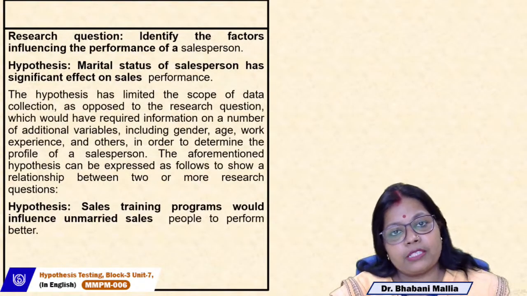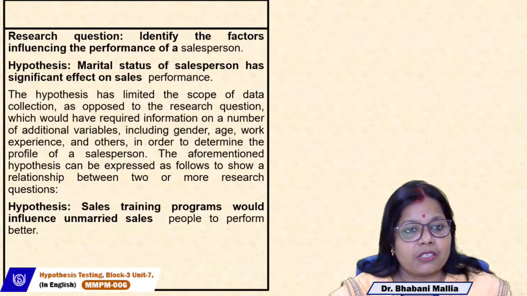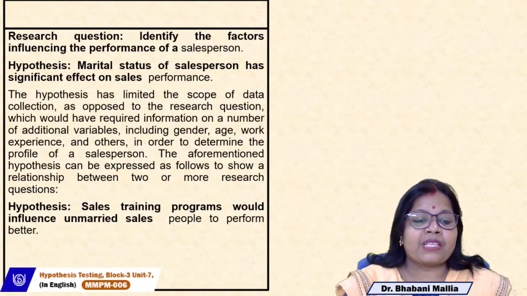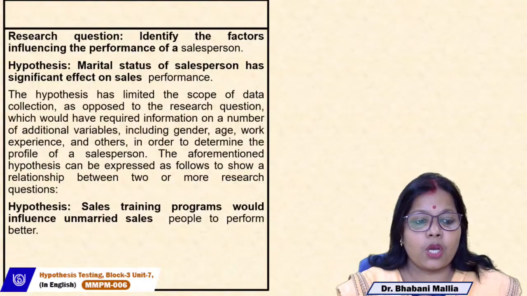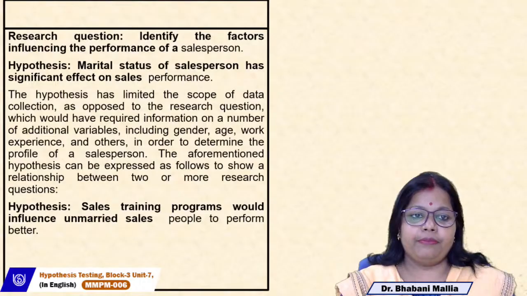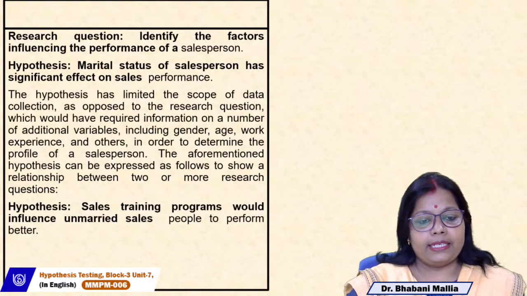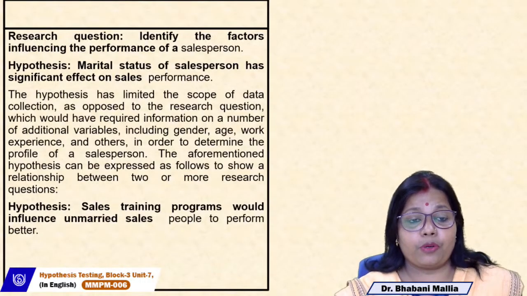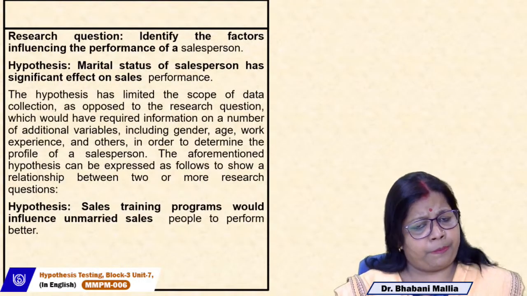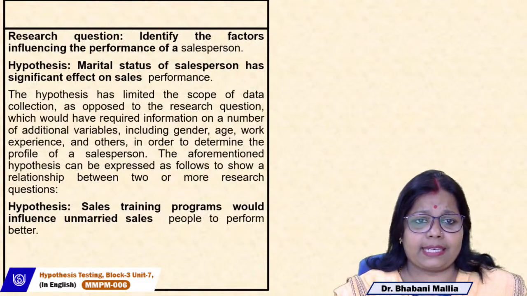So if this is my first hypothesis, then on the basis of the first, the second hypothesis we frame is that sales training programs would influence unmarried salespeople to perform better. If marital status is hampering, then it implies that sales training programs for unmarried salespeople will definitely perform better. So, this is our second hypothesis.